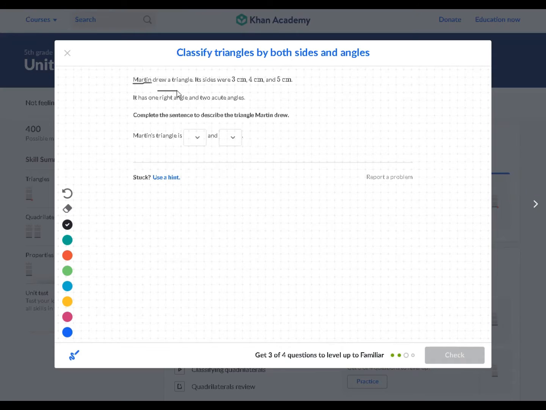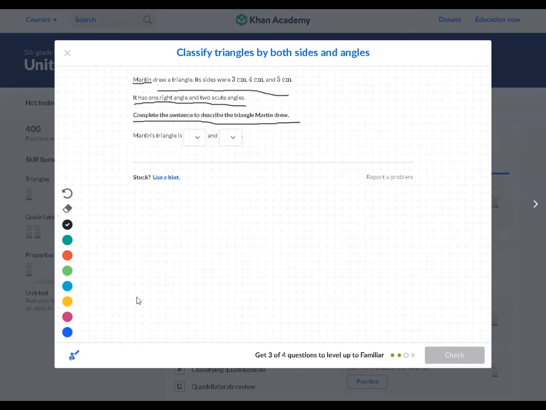So this guy drew a triangle. Its sides are 3 cm, 4 cm and 5 cm. It has one right angle and two acute angles. Complete a sentence to describe the triangle he drew.